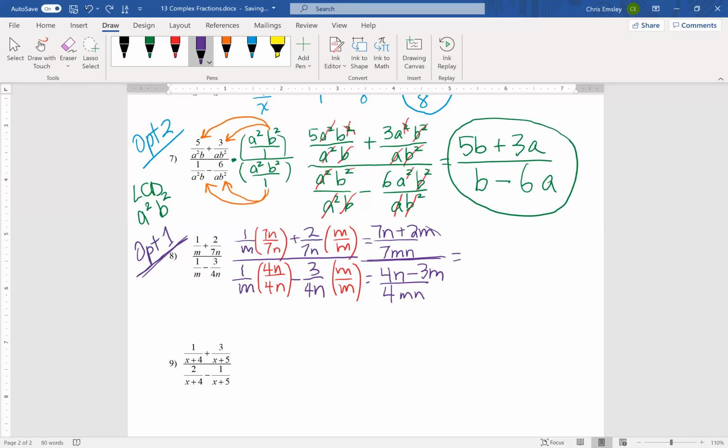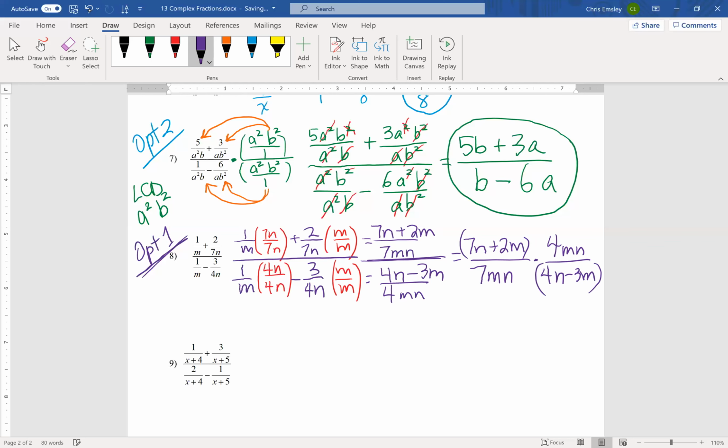We had a single fraction on the top and a single fraction on the bottom, so we can rewrite that as a division problem, which is multiplication by the reciprocal. So we'll flip that second fraction. Remember, these are multiplied.